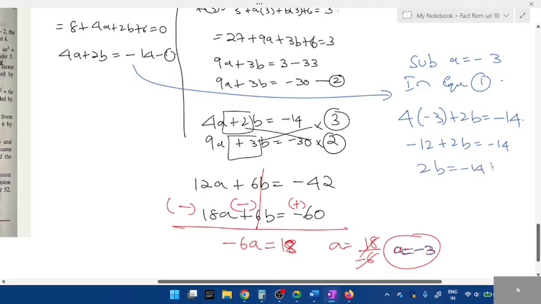Minus 12 goes to the other side, plus 12. What's the value you get? You all can complete it.